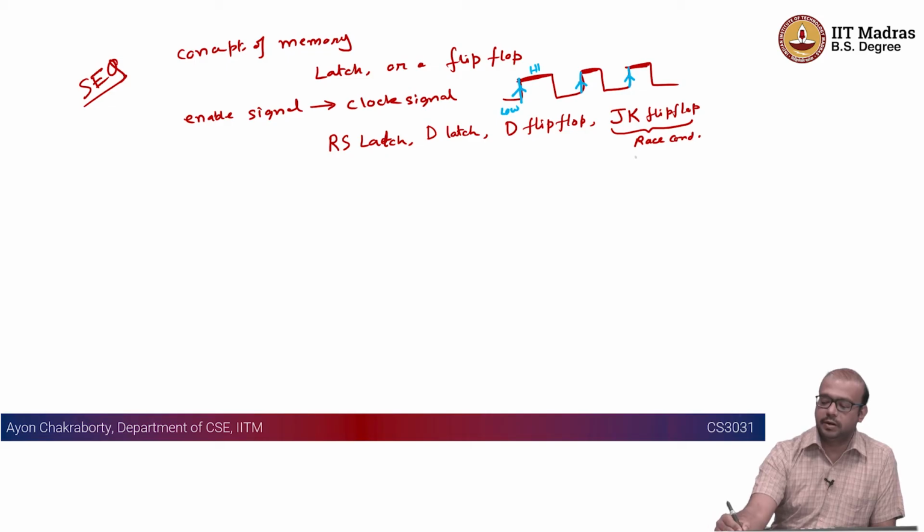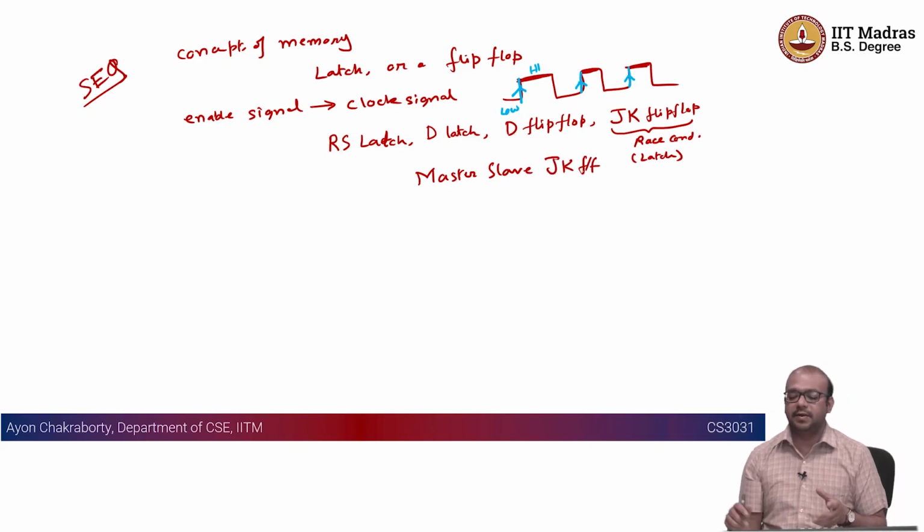Okay, so it's mostly acting as a latch. To remove that race condition, we had to design something which is, in true essence, a flip-flop, which is the master slave JK flip-flop. Typically, the master slave JK flip-flop or a D flip-flop will be used for most of our designs.